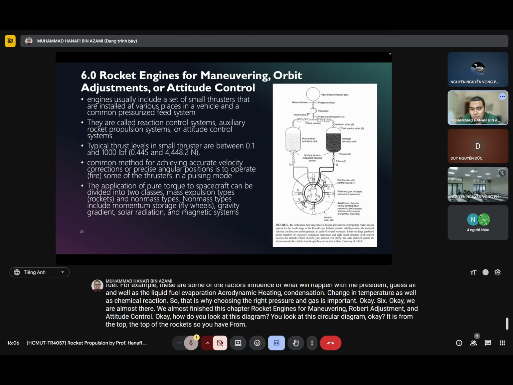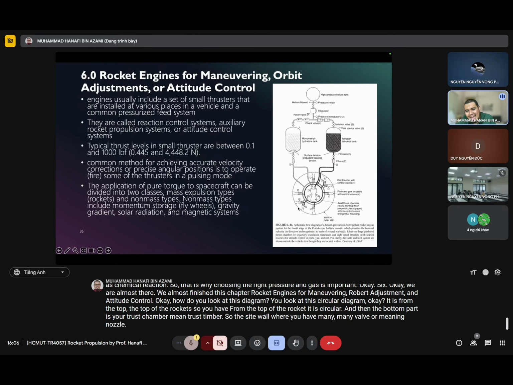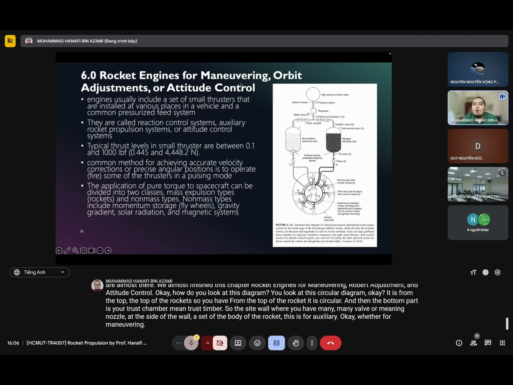So from the top of the rocket, it is circular, and the bottom part is your main thrust chamber. The side wall, where you have mini valves or mini nozzles at the side of the body of the rocket, is for auxiliary purposes, whether for maneuvering, orbit adjustment, or attitude control.